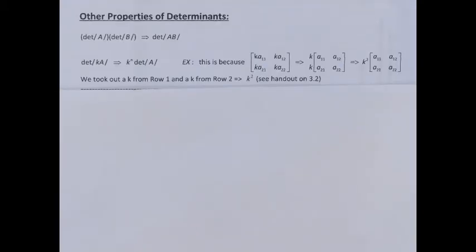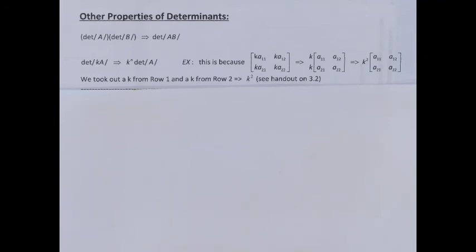Another property of determinants is when you have the determinant of K times A. This will give you K to the N times the determinant of A, where N depends upon what R space we're in, that is, the size of the matrix. So for example, I have K times A sub 1,1, K times A sub 1,2, K times A sub 2,1, K times A sub 2,2.